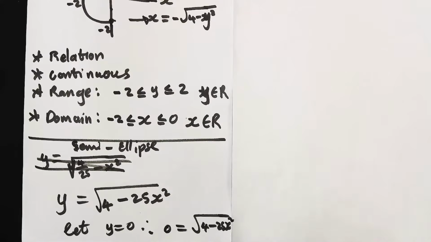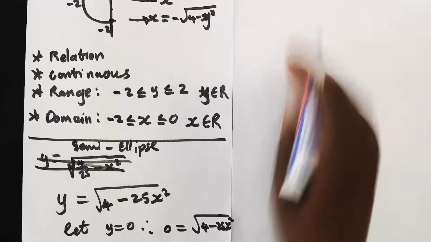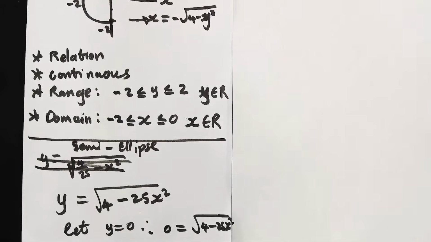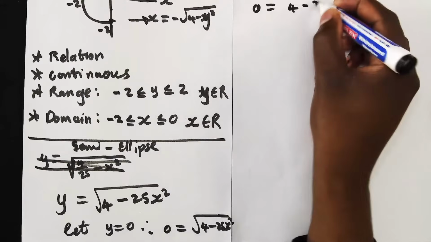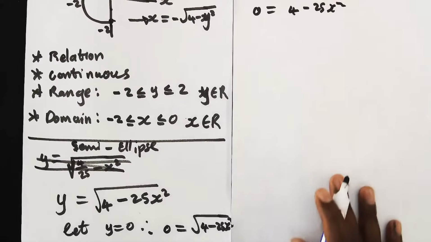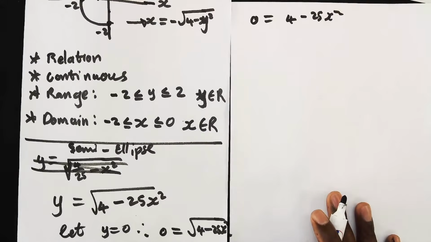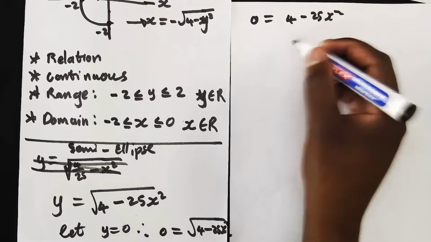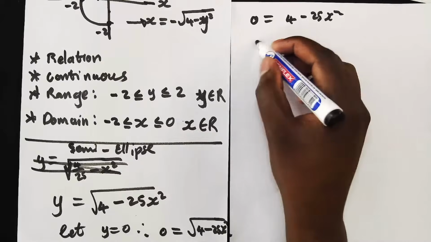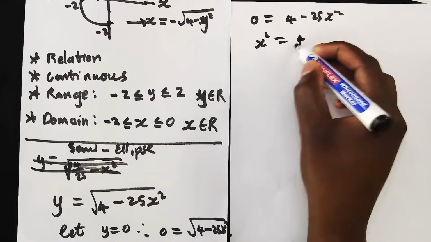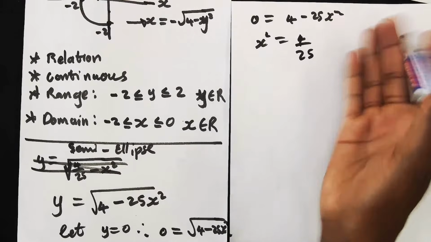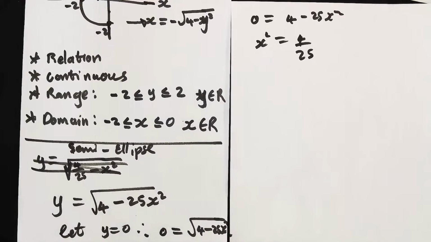And then from there, we put a square on both sides. We square 0, we'll have 0. We square there, we have 4 minus 25x squared. So we need to solve for x. I hope you see that when we divide on both sides by 25, we'll have 4 over 25. So we take x squared to the other side and divide by that coefficient, 25.